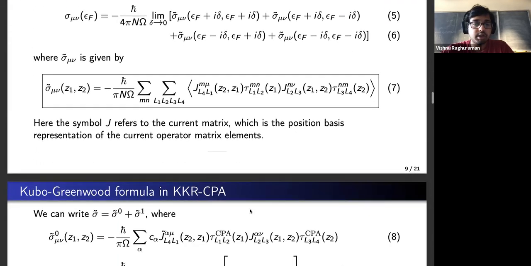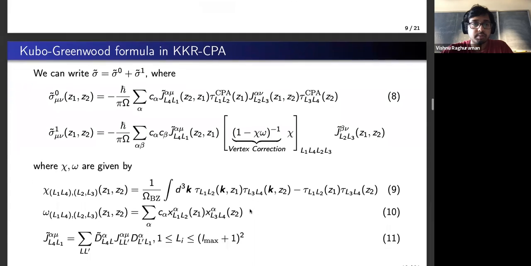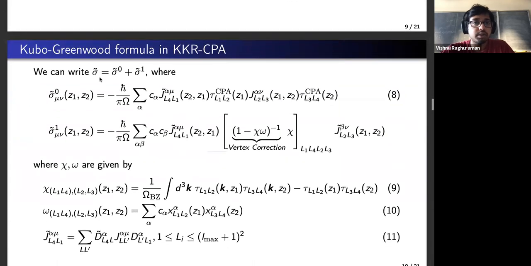And again, that can be done with a lot of algebra, and you can convert sigma tilde into sigma tilde 0 plus sigma tilde 1. There is a paper by Butler from 1985, I think, which has all the steps from how you go from that starting point to this formula. And I can link that paper at the end of the talk if anyone's interested.